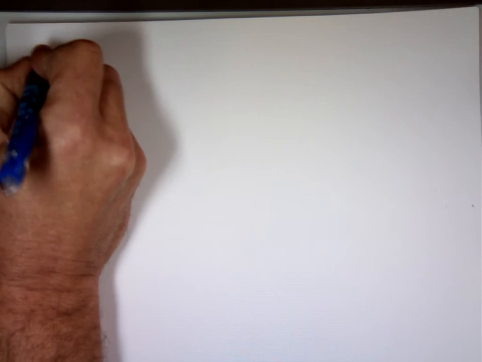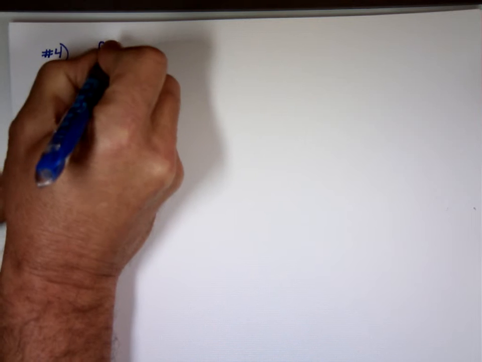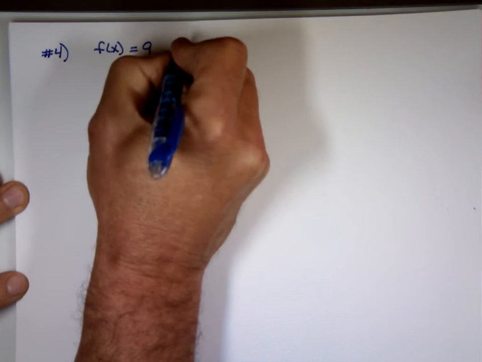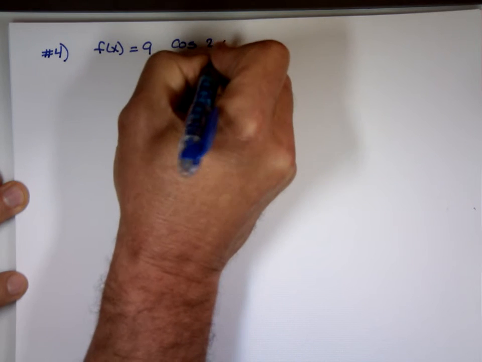Let's look at number 4. We have f of x, again, mine is different than yours, 9 cosine 2x.